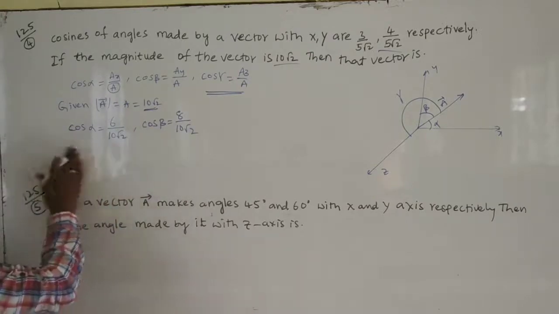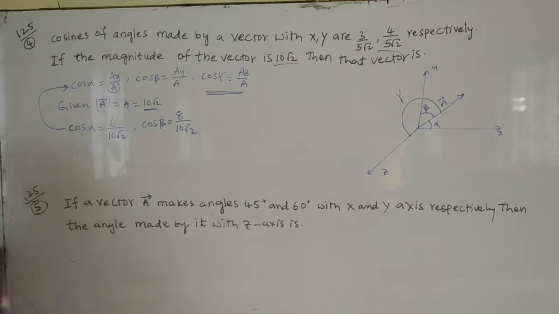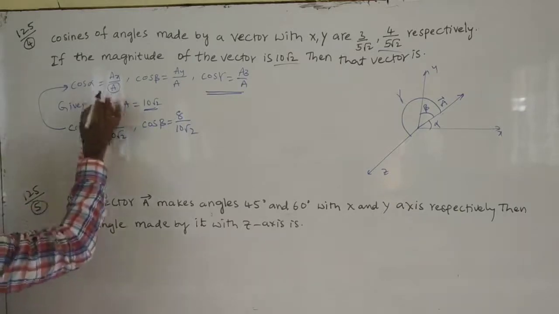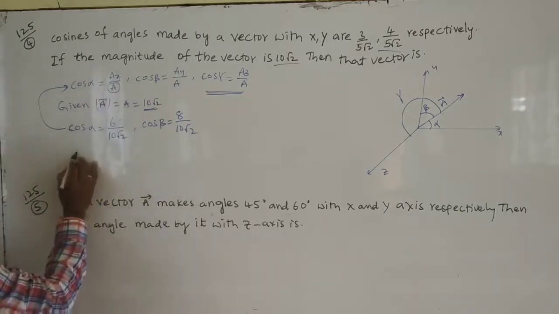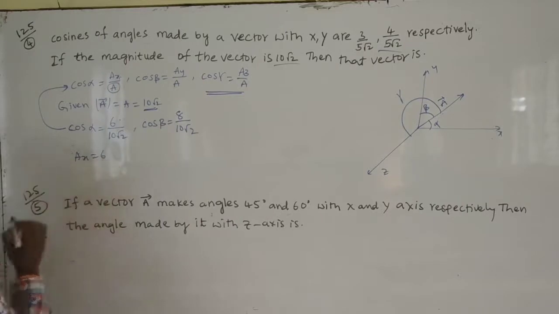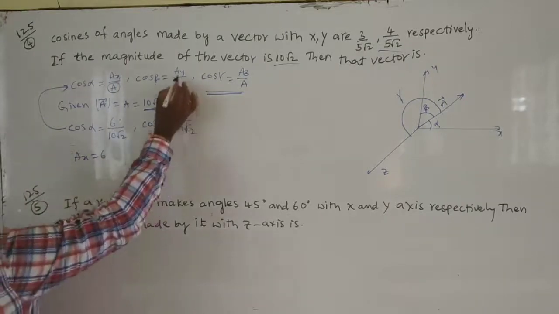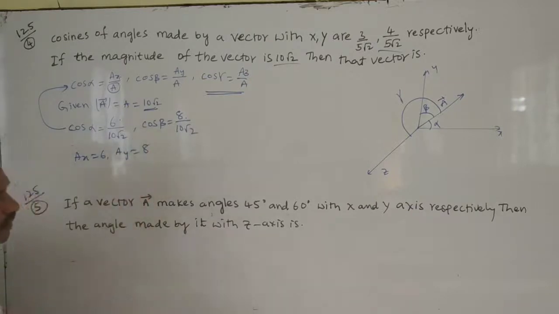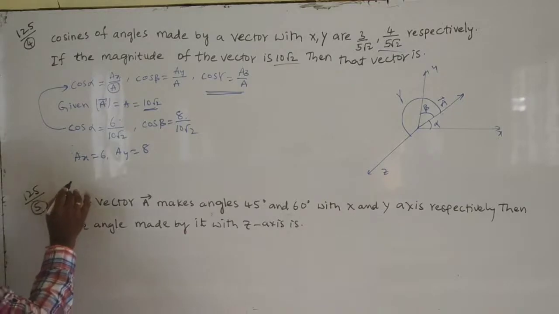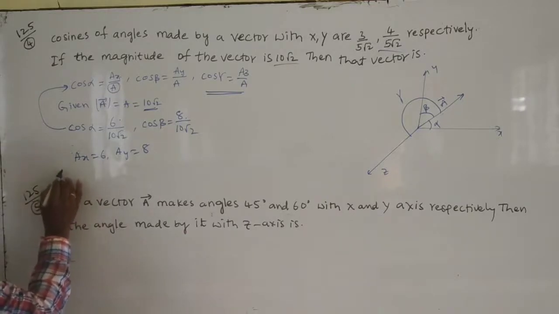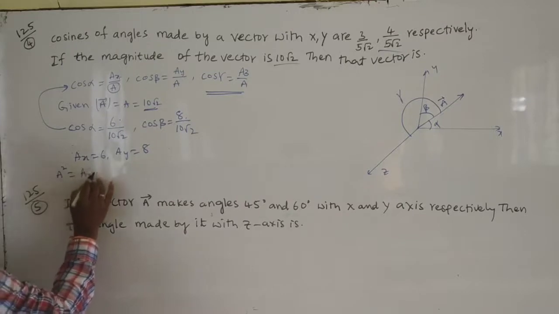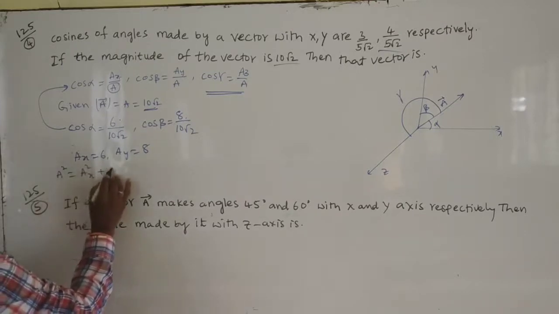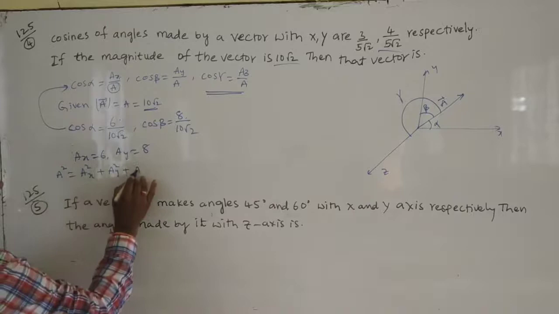Comparing, ax is 6 and ay is 8. Now a square equals ax square plus ay square plus az square.